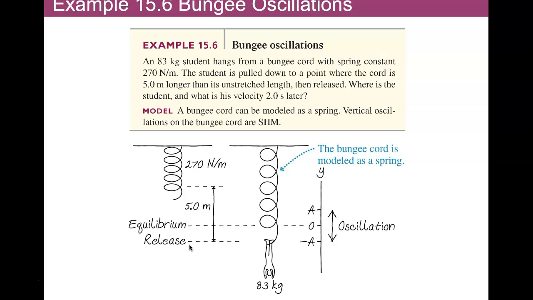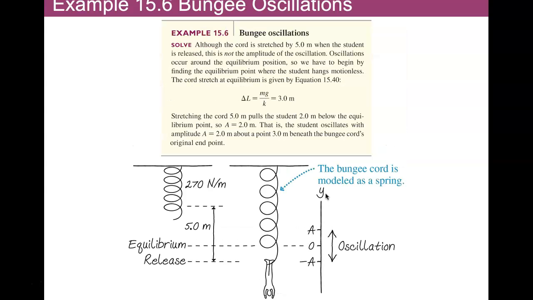First let's figure out where the equilibrium position is. So what is the amplitude, right? The amplitude is how much distance initially you move away from the equilibrium position. Okay, so it's just mg over k, right?